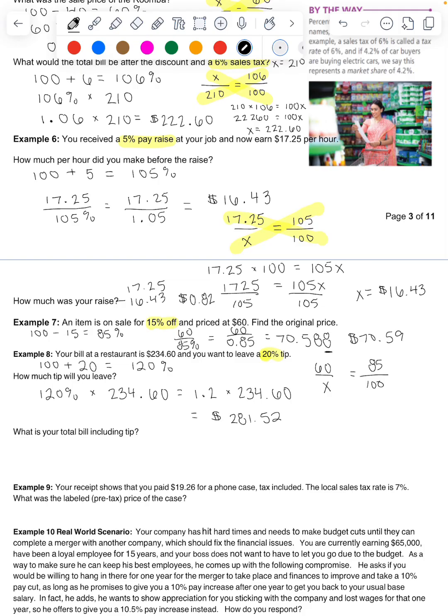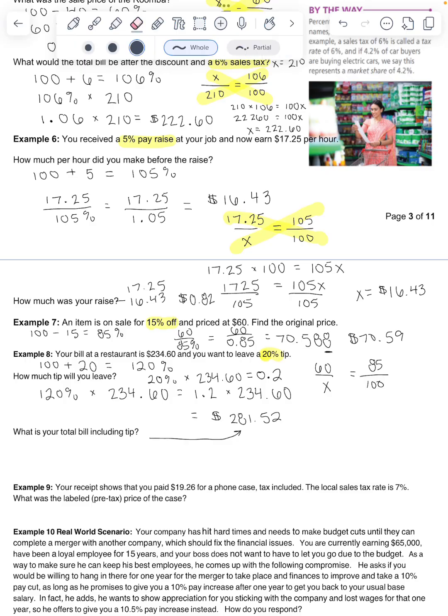If you wanted to do this one with a proportion, oops, and I accidentally messed that one up a little bit. How much tip would you leave? I did, what is your total bill? How much tip would you leave would just be the 20% of the 234.60. And again, I need to convert that to a decimal.